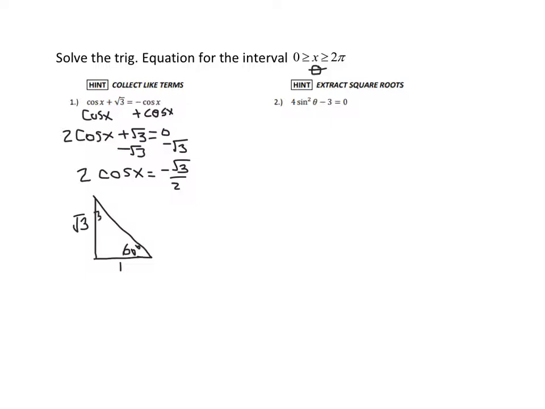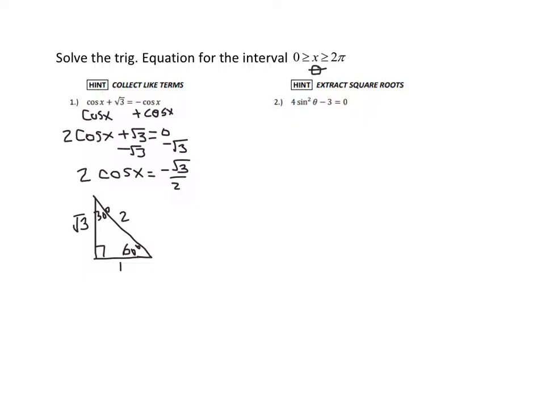This is 30 degrees, and this is going to be 2. I just have to remember the relationship. So now I need an angle whose cosine is square root of 3 over 2. I also need to remember it's negative, but I'm going to forget about the negative part and just focus on the angle whose cosine is square root of 3 over 2.